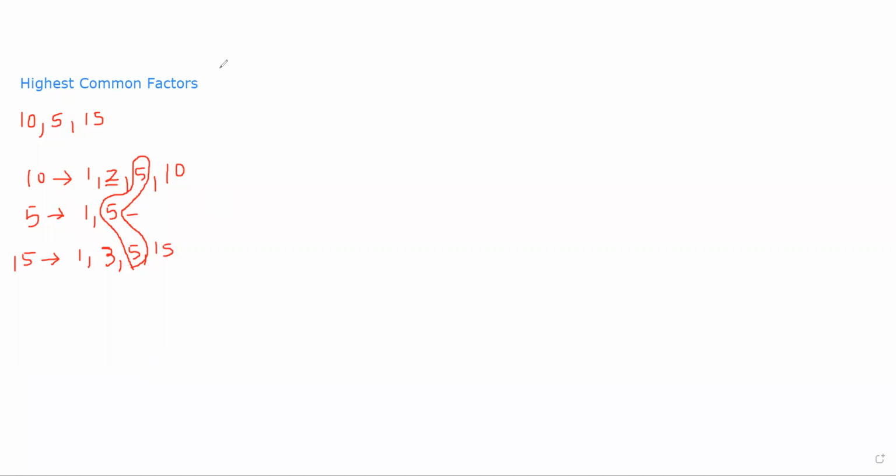So we're dealing with numbers here. Let me put some letters now and let me know what you think is the highest common factor.